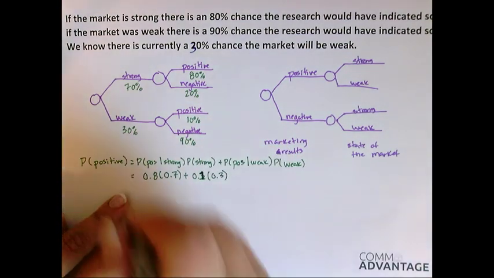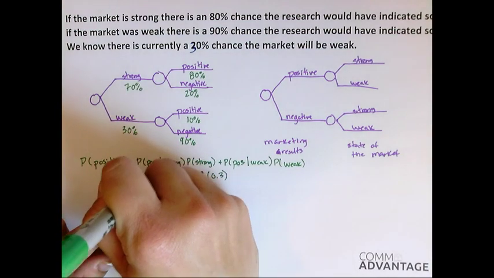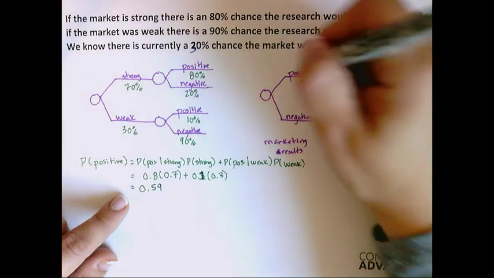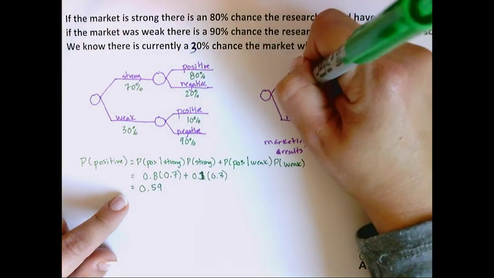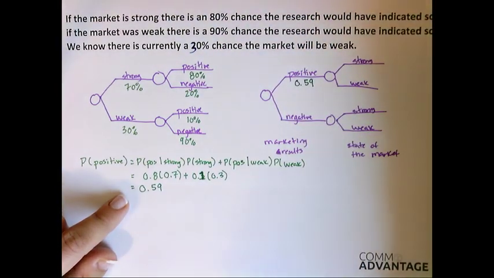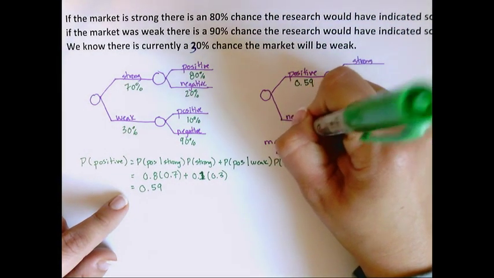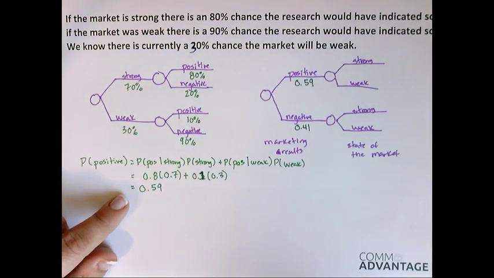And so if I calculate this, it's going to give me a probability here of 0.59 or 59%. So I know that on my new tree here, that says 59. I automatically know that the probability of being negative then is going to be 41. So now that I have that, it's about getting the other branches here.